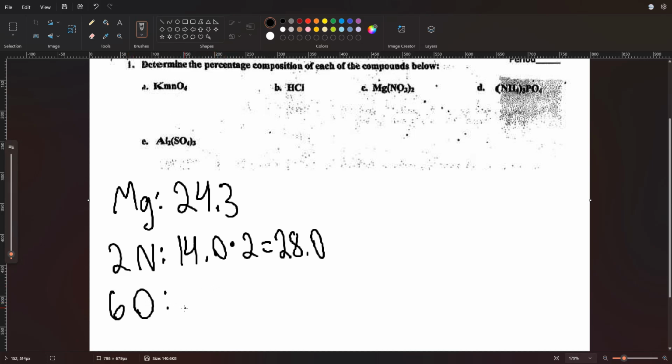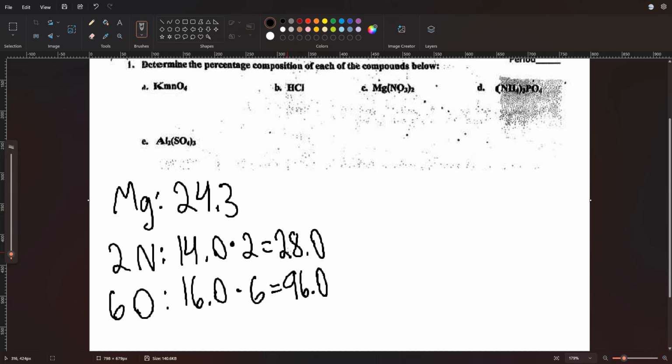And then we have six oxygen atoms. So we're going to look back at the periodic table. It's 15.999. We're just going to round up to 16.0 for the sake of making calculations a little bit easier. And there's six of them, so 16 times 6 is going to give us 96.0.